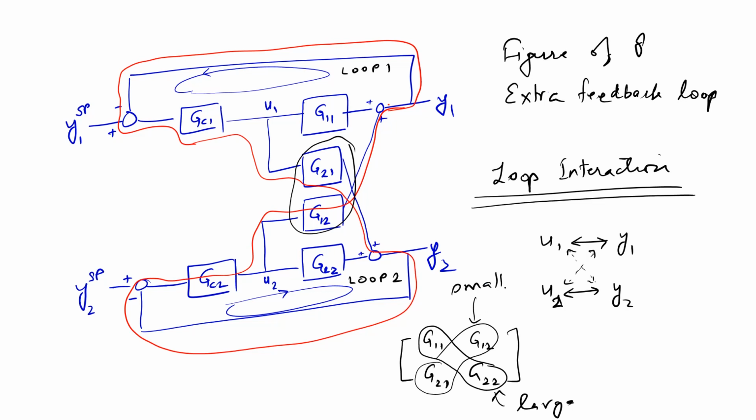If these terms are small, then we know that the inverse of the matrix I plus GP GC, to the inverse, would be well behaved and stable. Why is it relevant?